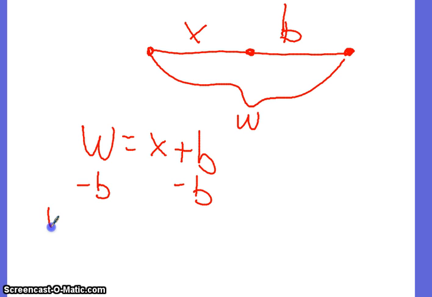So that's W minus B equals X, and I can flip-flop that to say X equals W minus B. So that means if I knew what W was and if I knew what B was, I could figure out what X was by subtracting those two. Does that make sense? I have to subtract from the whole. So what did we do? We transformed a formula. That's all we did, right?